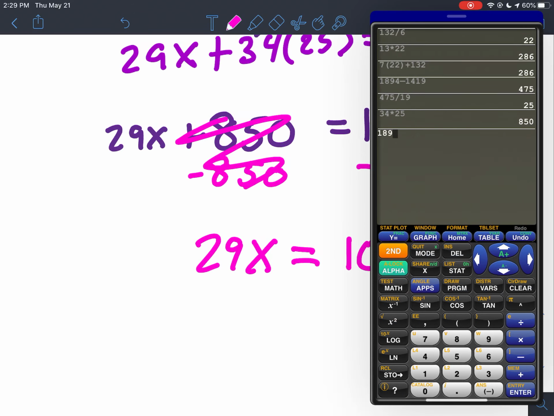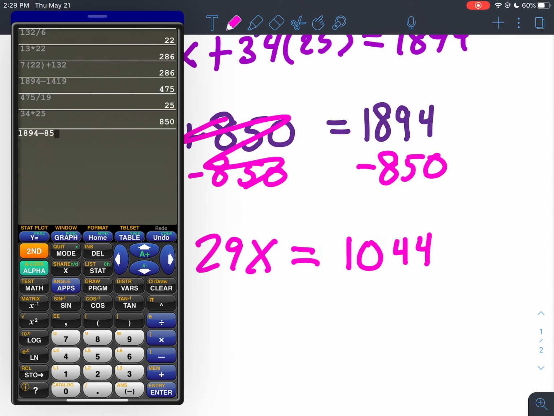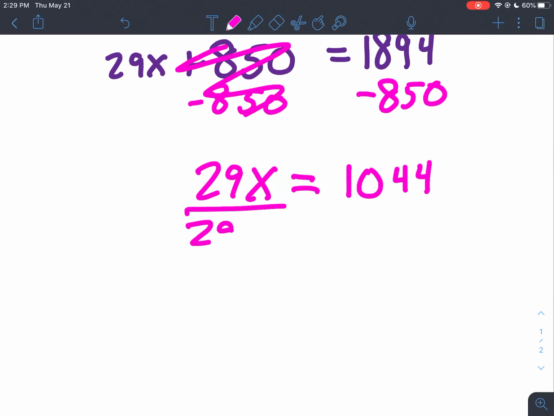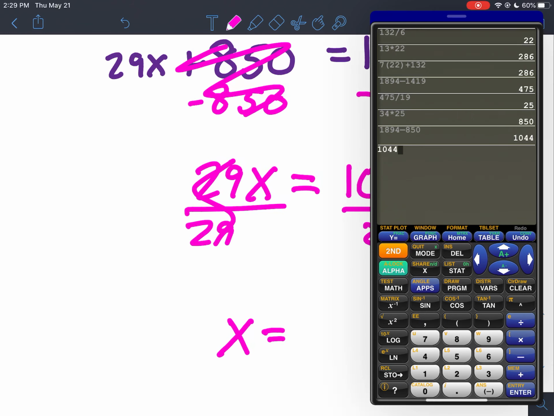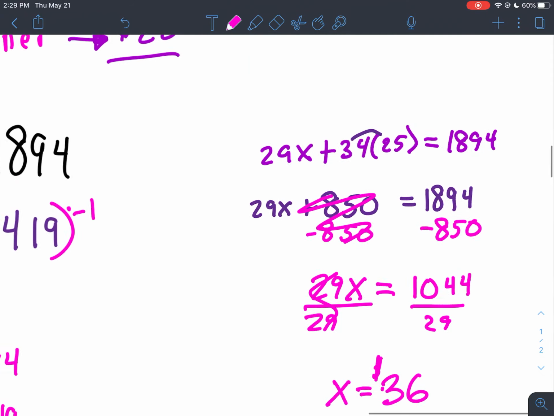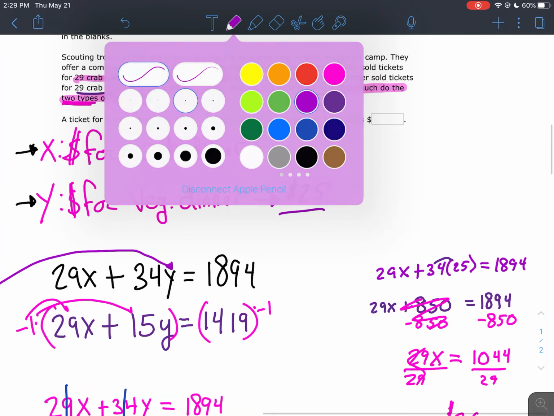Just verify that. 1894 minus 850, 1044 checks out. Let's divide by 29 on both sides to get rid of our times 29. So my x is going to end up being 1044 divided by 29, and it comes out to be 36. So for x, we know that we've got $36.